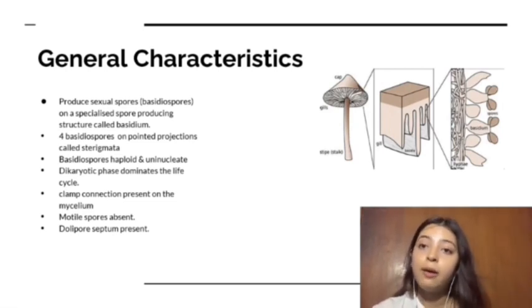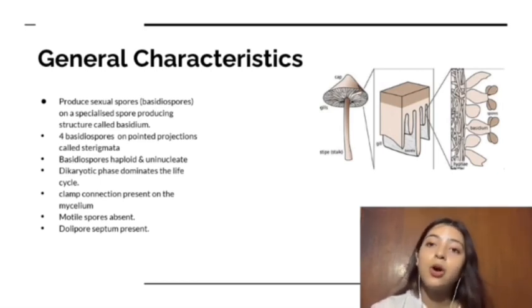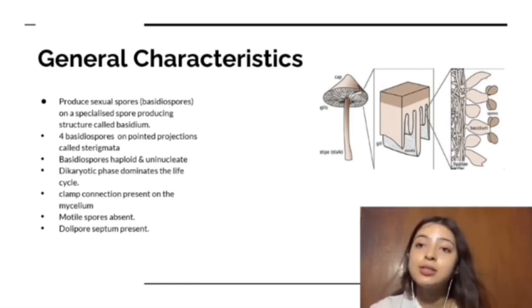Number 3, basidiospores are haploid and are uninucleate. Number 5, clamp connections are present on the mycelium. Number 6, dolipore septa are also present. Now, you must be wondering what a clamp connection and a dolipore septum are, right? So, let's move on to the next.